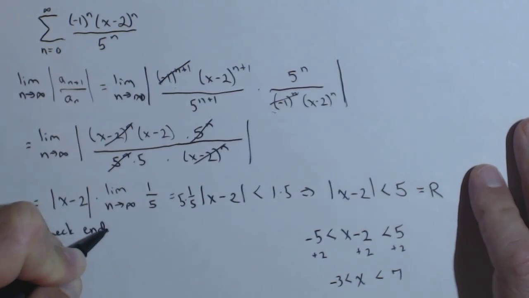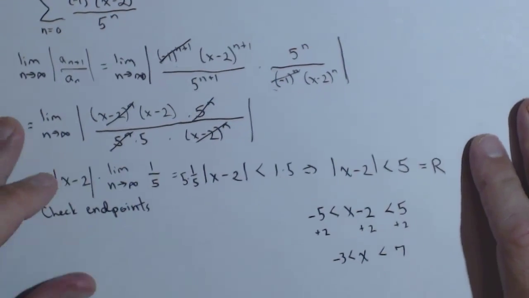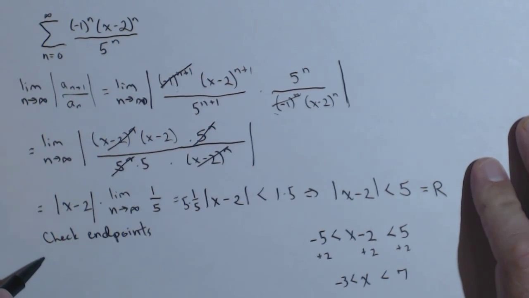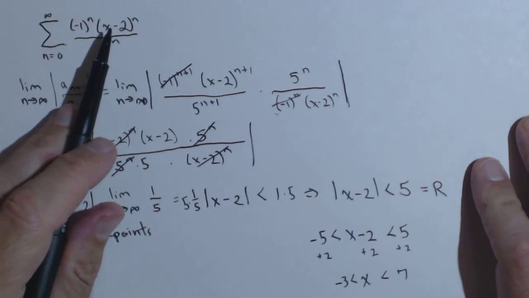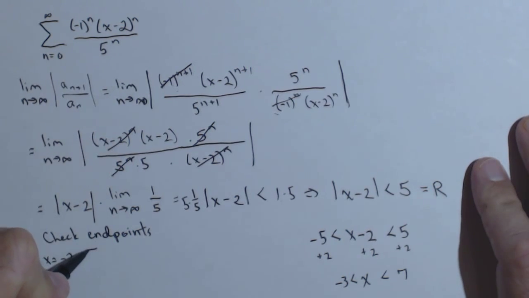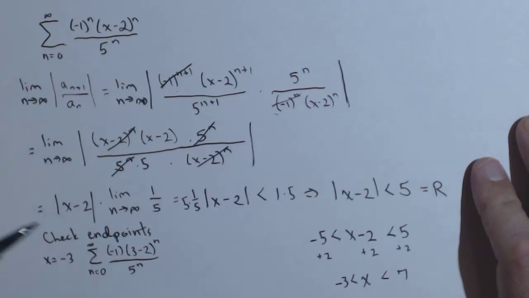So that's an extra couple steps over just doing the radius of convergence. So first thing we'll check is x equals negative 3. And what we do is we plug that into our original series. So what would that look like? The summation n equals 0 to infinity of negative 1 to the n, negative 3 minus 2 to the n, over 5 to the n.